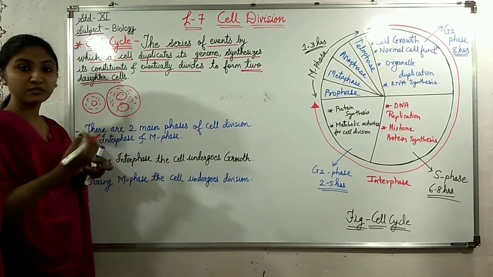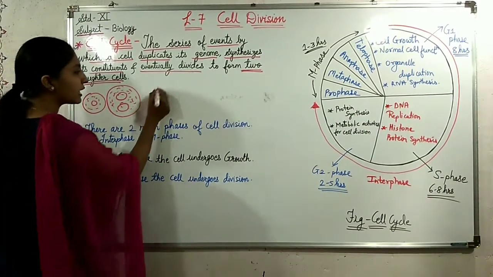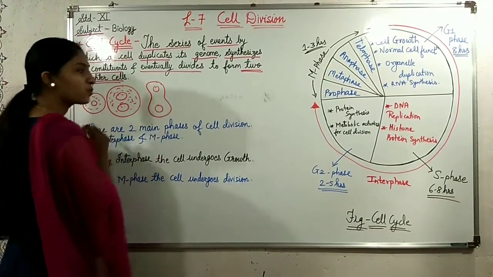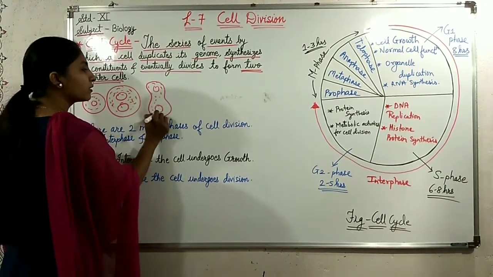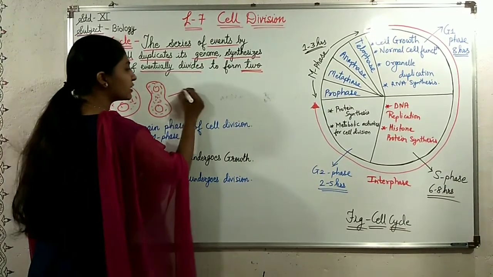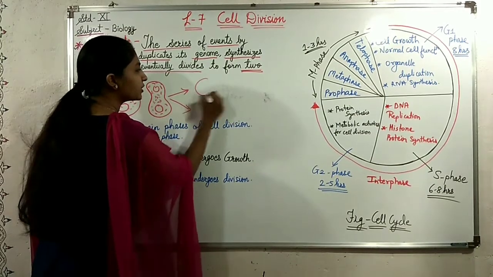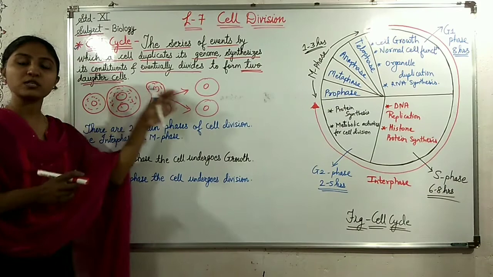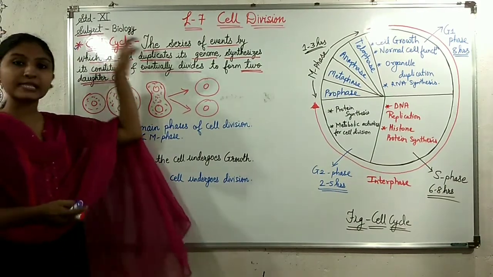After that, the cell tends to divide in this way. The cytoplasm of the cell divides and eventually it divides into two daughter cells. This process is called the cell cycle.